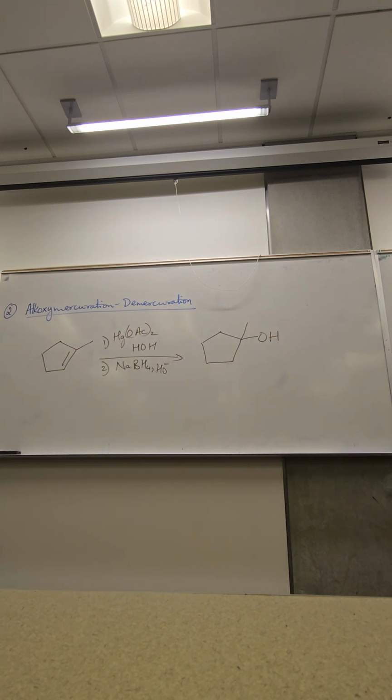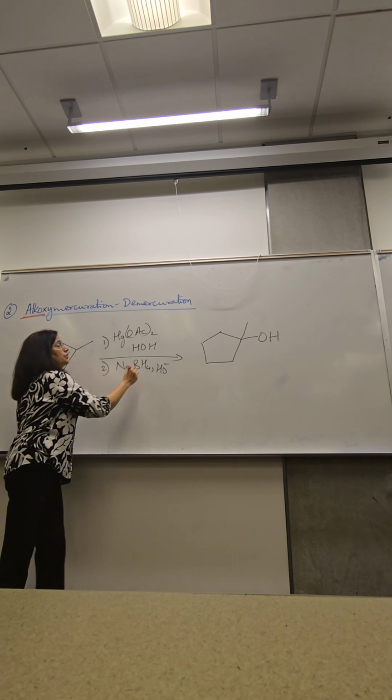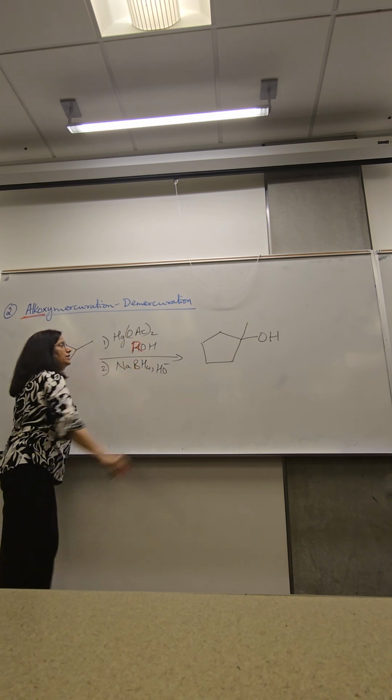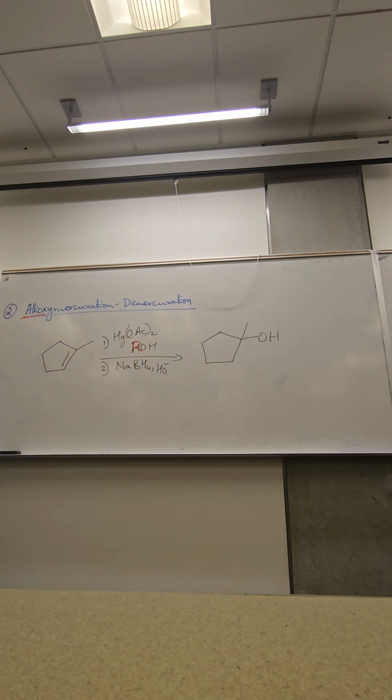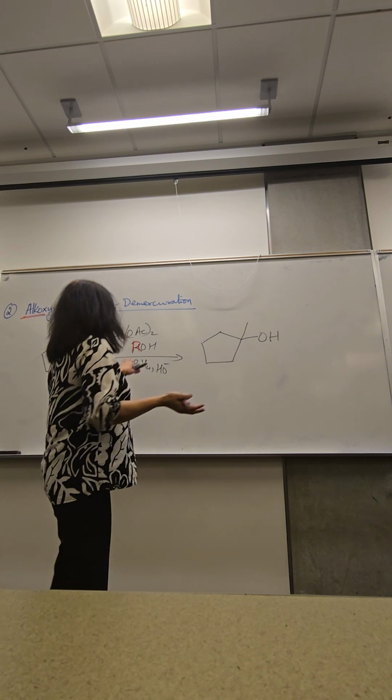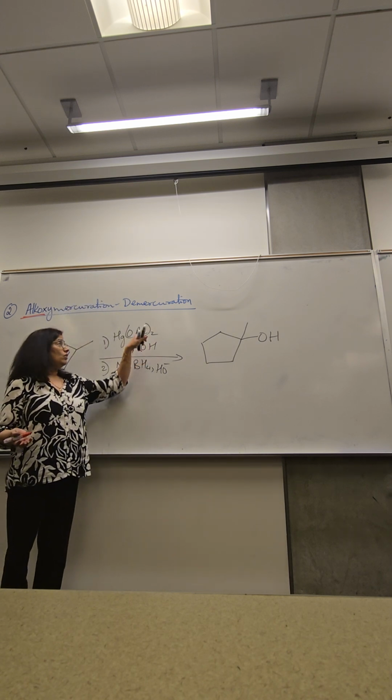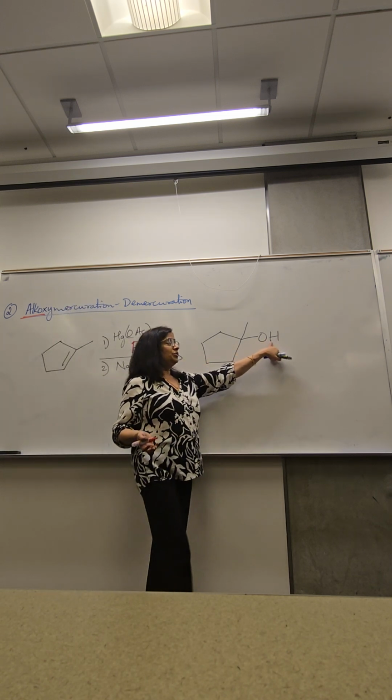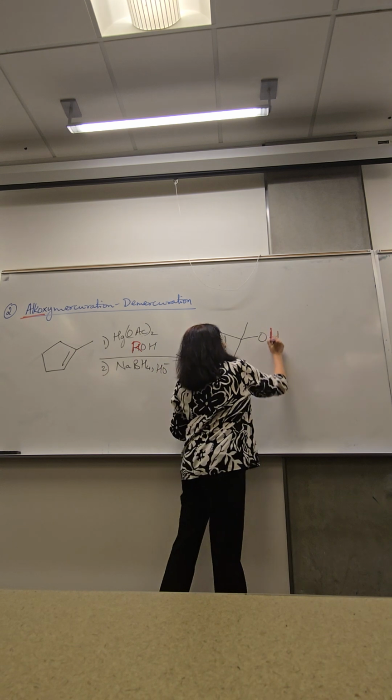Now, that is oxymercuration, demercuration. We are doing alkoxymercuration, demercuration, which means if one of those H is replaced by R, that's an alcohol. So instead of using water, if we use alcohol in the first step, we get an ether group.